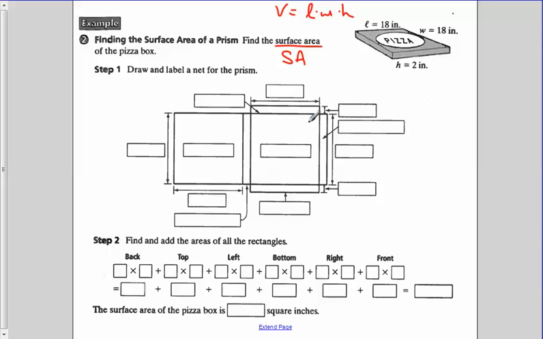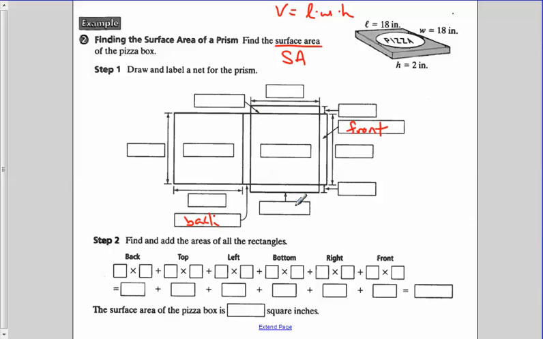So let's first identify what our different sides are. We'll call this our front side, and this is going to be the back side, because our pizza box opens with this being the flap in the back.